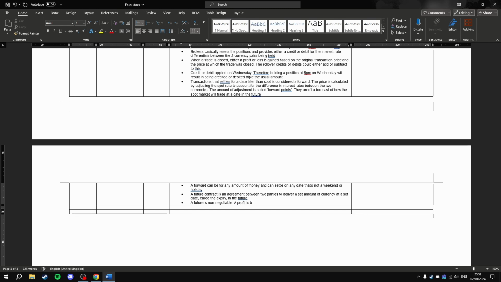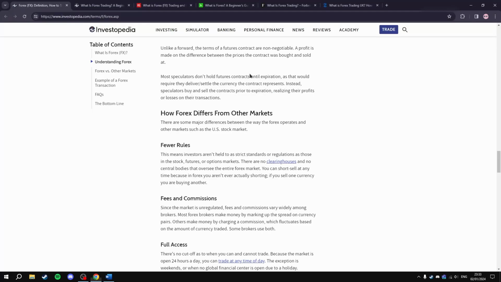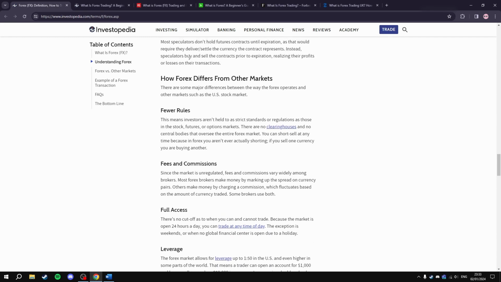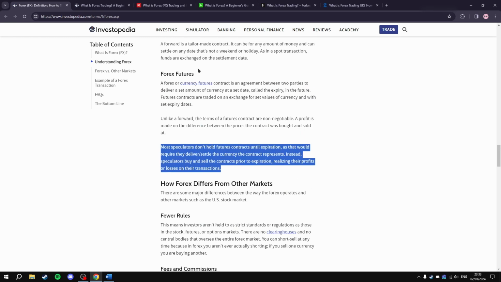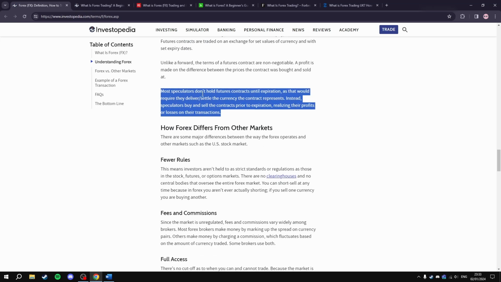Most speculators can't hold future contracts until expiration, as that would require the delivery cycle. Instead of buy and sell price, realizing losses on it. Don't really know what that means, to be honest, but we'll probably find out more about this later on.